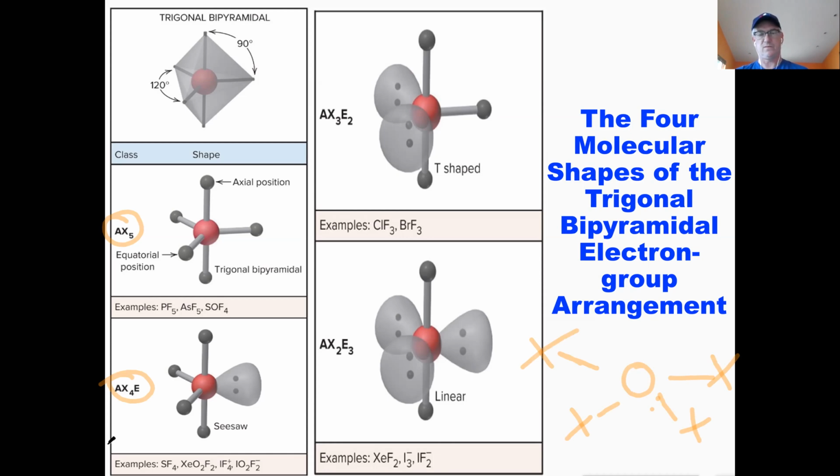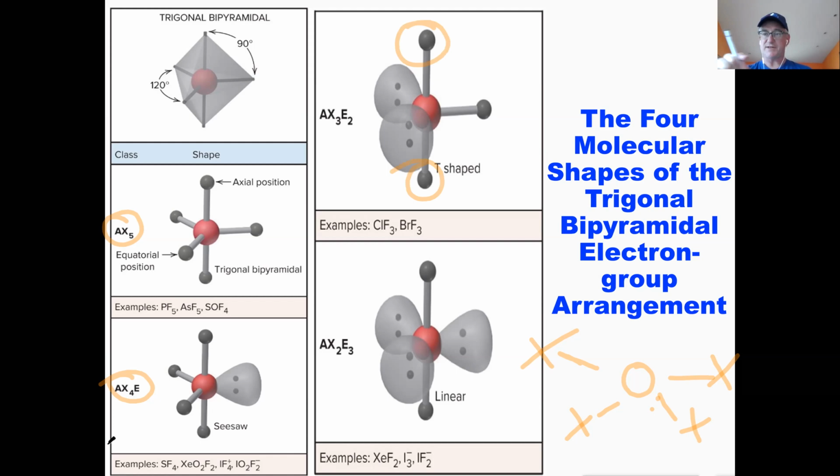I still don't get why the angles in trigonal bipyramidal are different. One is 90 degrees, one is 120. Right, because the way they arrange themselves is basically you have one straight up and one straight down, so that's as far apart as they can get from each other.